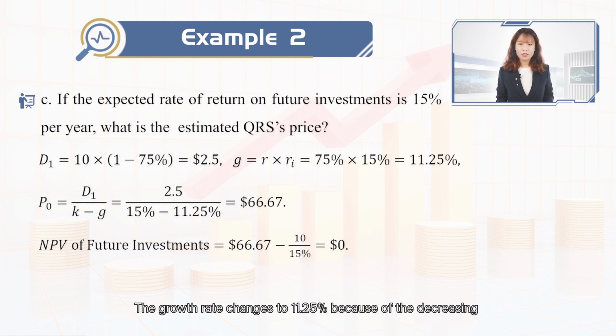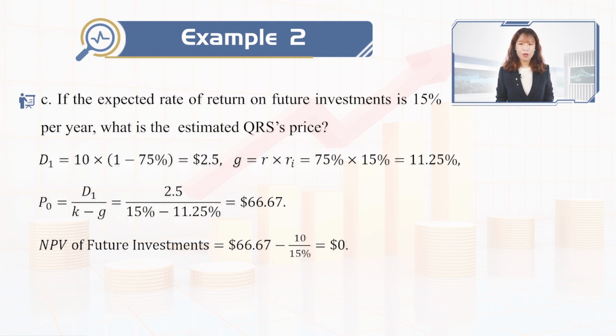The growth rate changes to 11.25% because of the decrease in the rate of return on future investments. The estimated stock price is obtained as $66.67, which is equal to 10 over 15%. This means the NPV of future investments is 0.